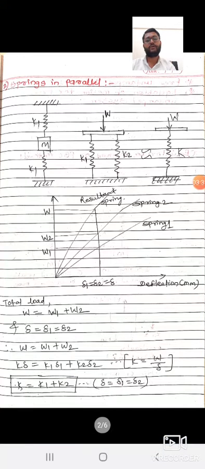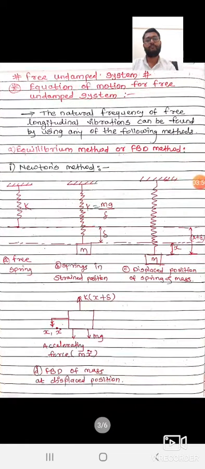By evaluating this equation, delta gets cancelled because the deflection delta is the same, that is delta equal to delta 1 equal to delta 2, and finally we get the equation K stiffness equal to K1 plus K2, because the deflection is the same.